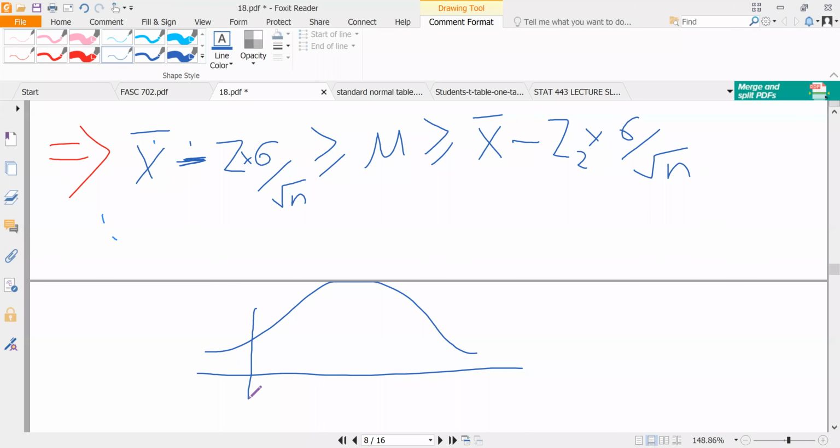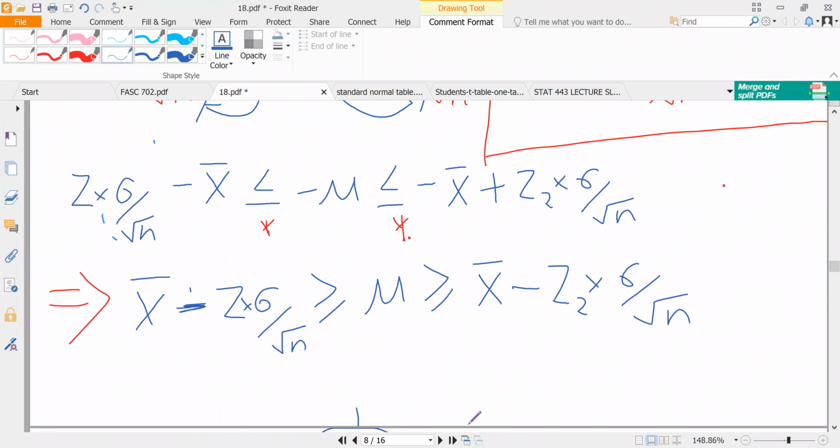There is one point on the lower limit, there's another point on the upper limit. And since this curve is symmetric about the point 0, it means that the point on the lower tail is negative. So in this particular case, Z1 is negative and then Z2 is positive. Because they are standard normal, they lie on this curve. The one on the lower tail is negative, the one on the upper tail is positive.